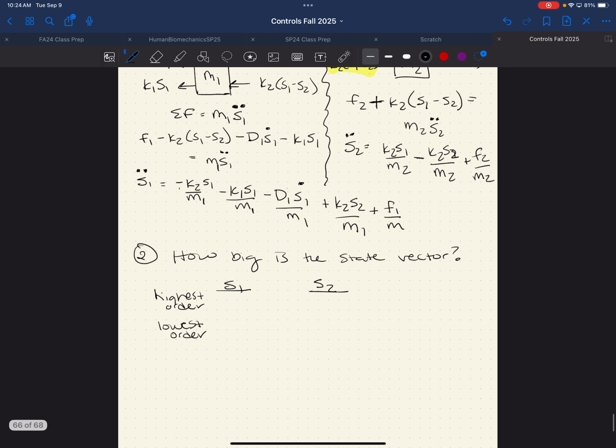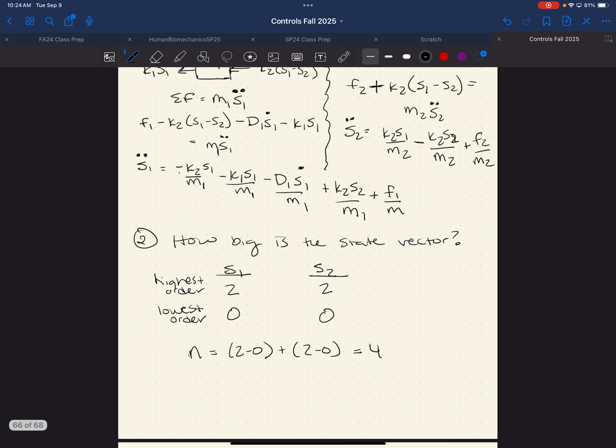Okay, what's my highest order of S1? 2. What's my lowest order of S1? 0. What's my highest order of S2? Lowest? Good job. So n is equal to what? 4. Very good. Which means that A is 4 by 4.